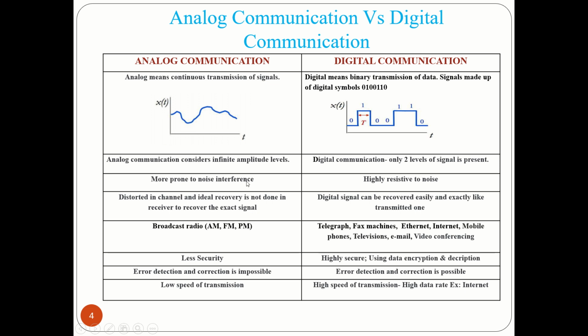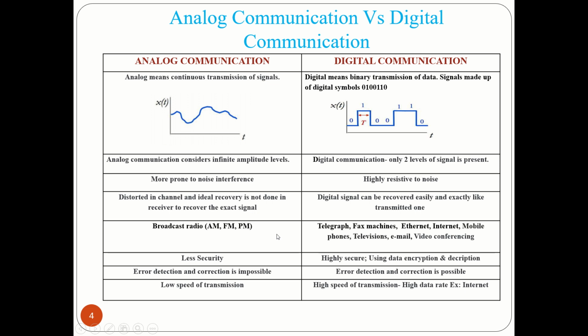In analog communication, noise interference is always very high. Being digital, noise resistance is very high. Signal recovery is not easy in analog communication, but in digital communication it can be easily done because the noise and error are very low, so the signal can be very easily recovered, being digital data.